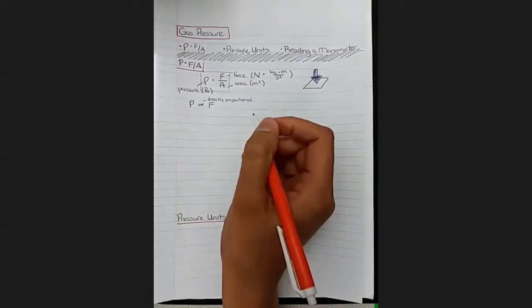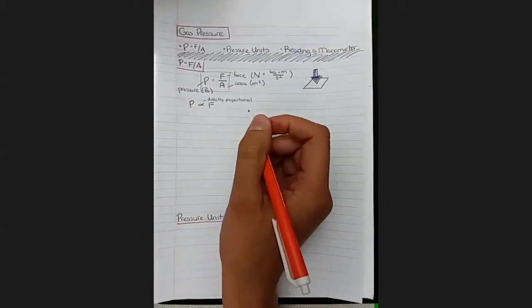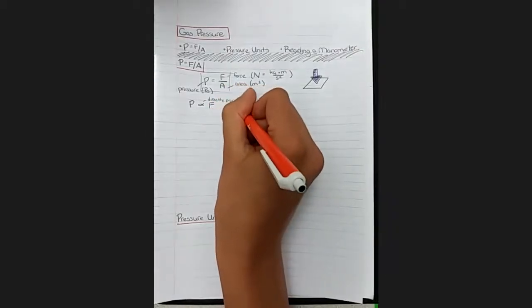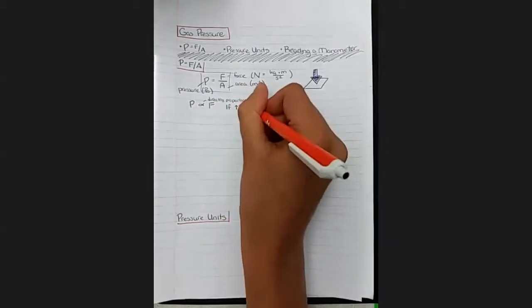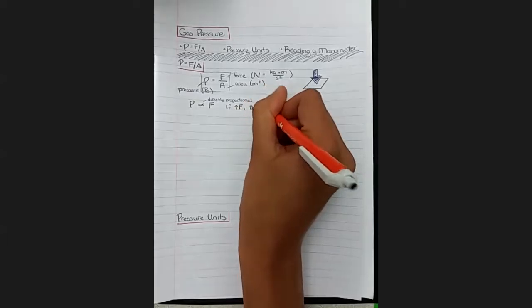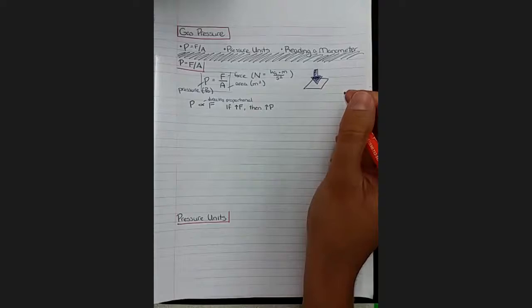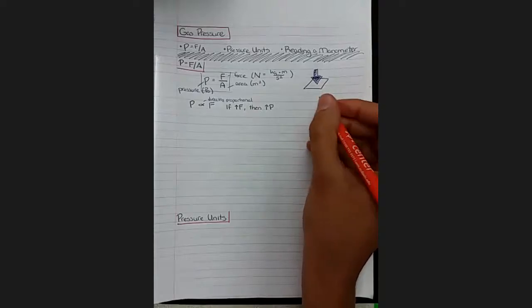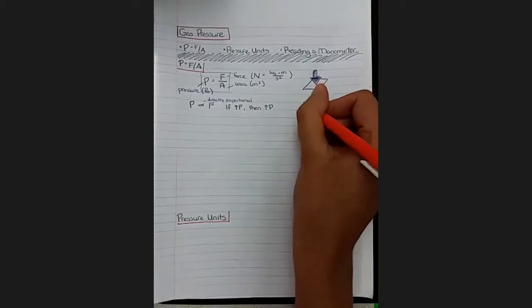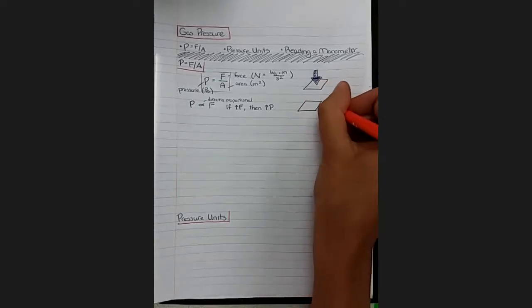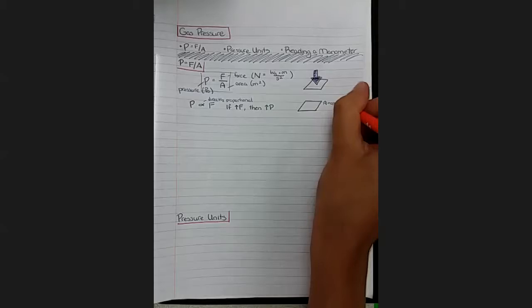If variables are directly proportional, that means that they move in the same direction. So if we increase one of the variables, the other variable is going to do the same thing. It's also going to increase. So if we want to draw a picture of that, here's our box again. The area is going to be constant.